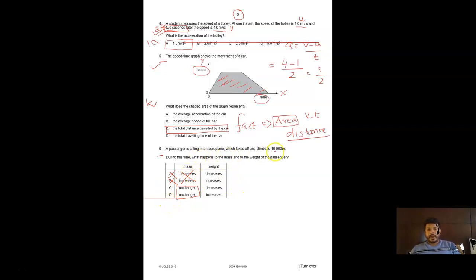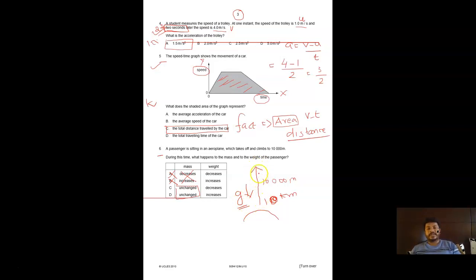Now you are more above the ground. As you go above the earth, that is 10,000 meter, almost 10 kilometer above the ground, the G value, that is acceleration due to gravity, decreases as you go up.